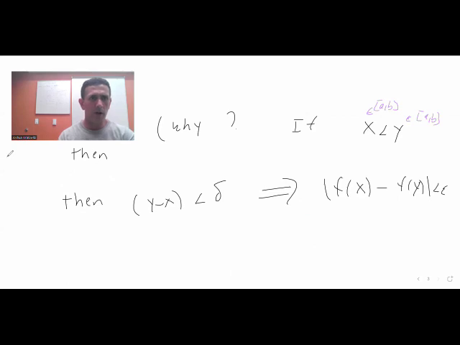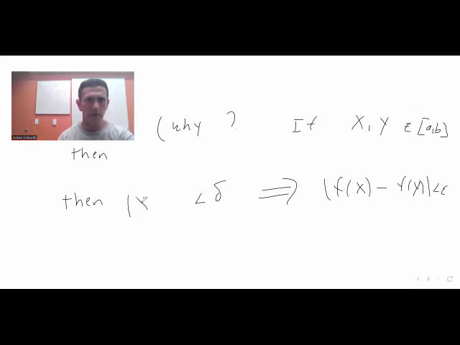Or to be clearer, let's say I have just arbitrary x and y in A to B, so this is less than delta.